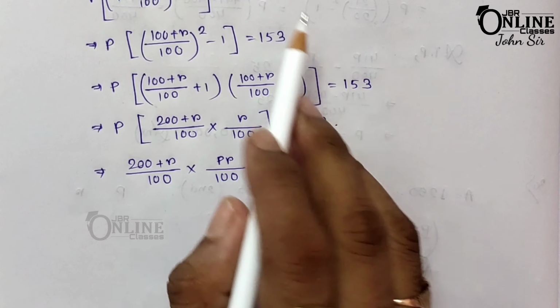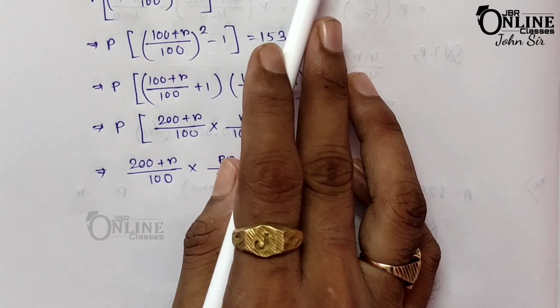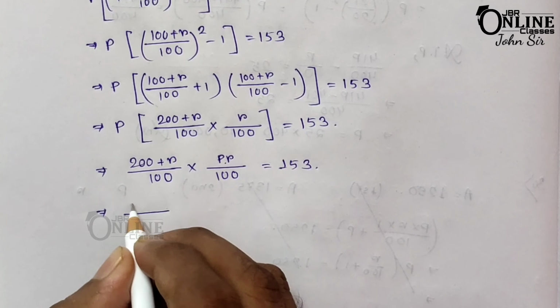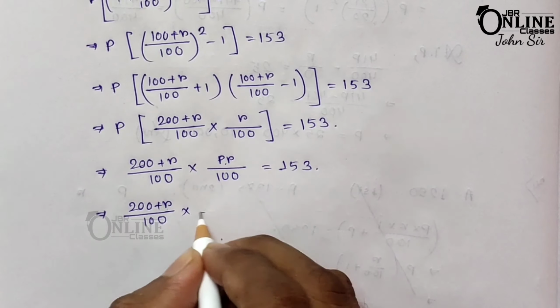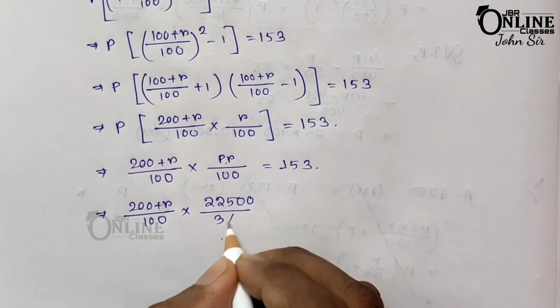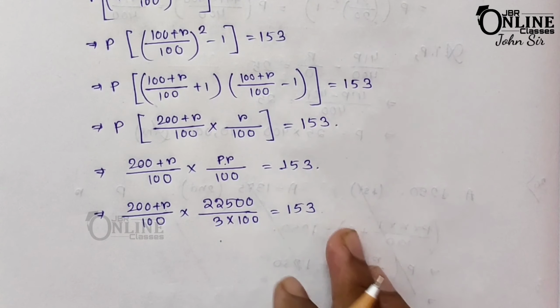Now you know the value of PR. So just put down the value here: 200 plus R by 100 into PR, which equals 22500 by 3 into 100, and that equals 153.